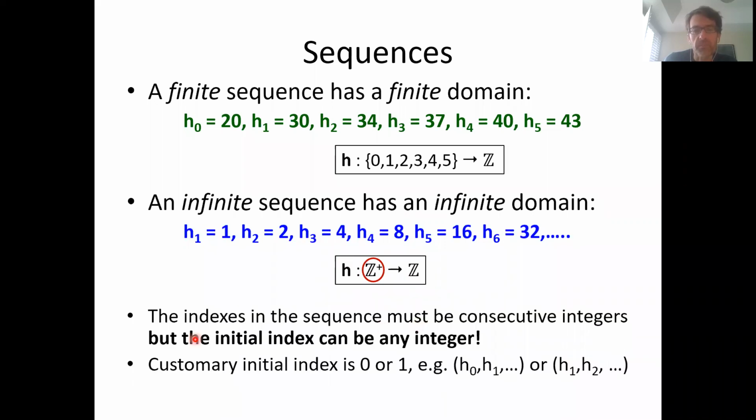Okay. Now, the indexes in the sequence have to be consecutive integers, but the initial one can be anything. Okay, so it is just customary to define sequences either like this, start with h0, or like this, think of the first guy as index 0, or think of the first guy as index 1.